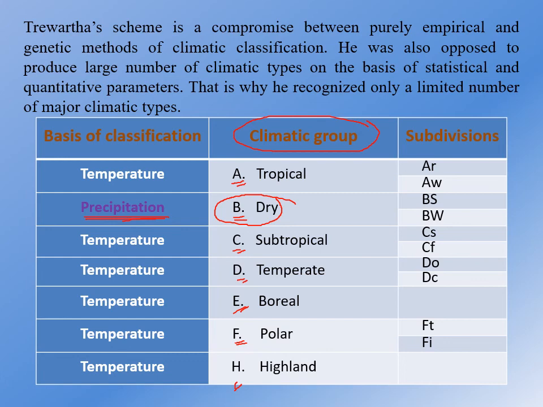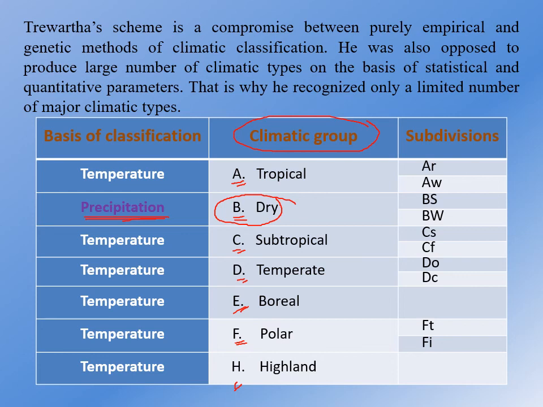The A type climate, that is the tropical climate, is divided into two subdivisions, AR and AW, whereas the dry climate, the regions where precipitation is very low, can be subdivided into BS, that is steppe type climate, and BW, that is desert type climatic condition.